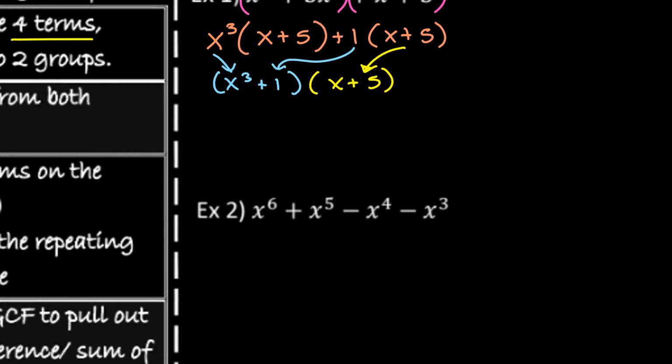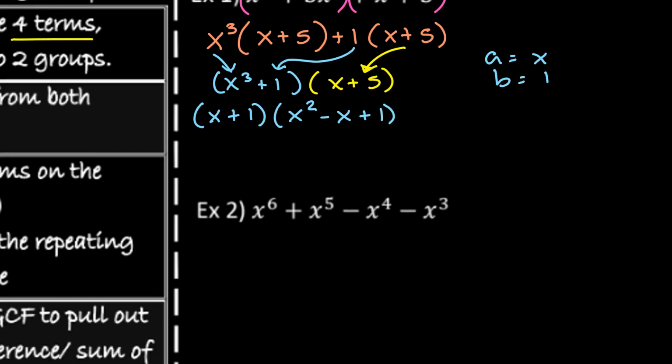So we can use the formula that we just learned to break this up even more. What is our A term here? X. And what's our B term? 1. So in our formula, what am I going to write? x plus 1, and then other parentheses is x squared minus 1x plus 1.